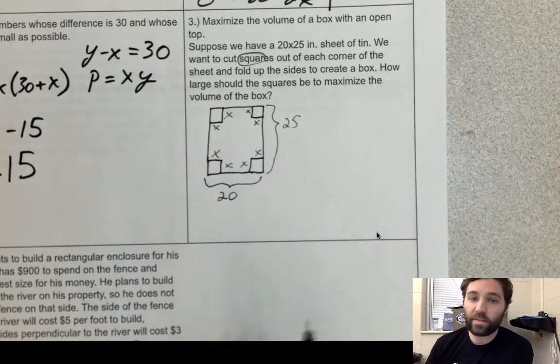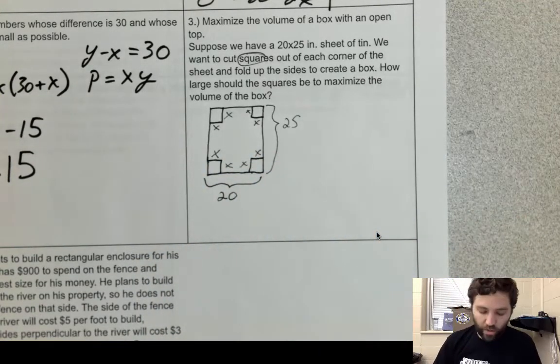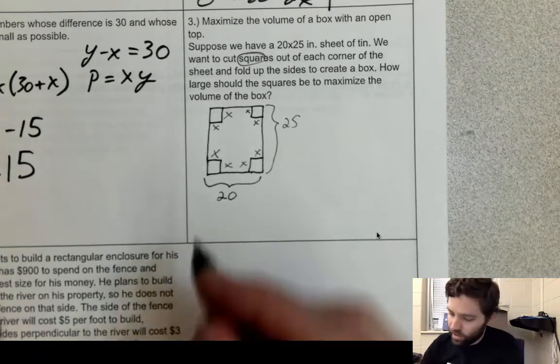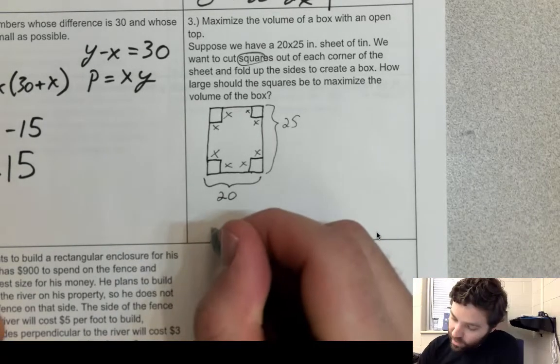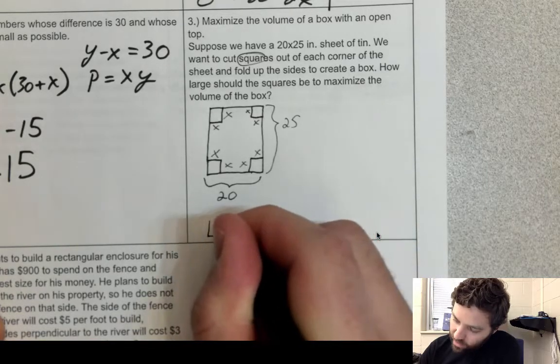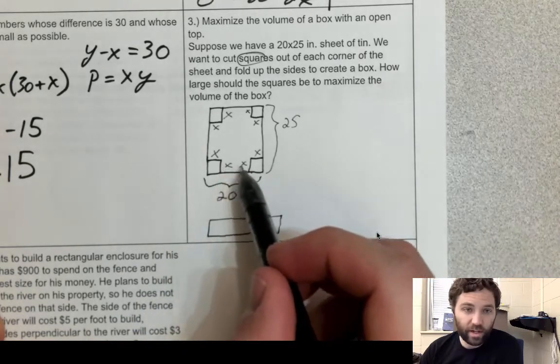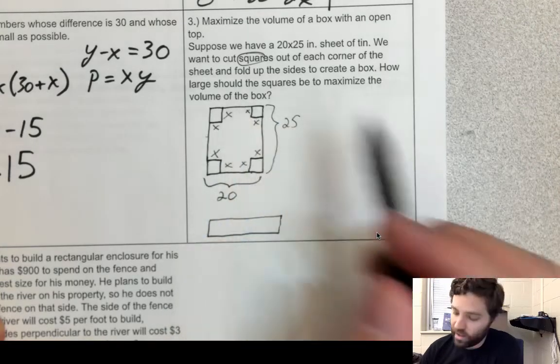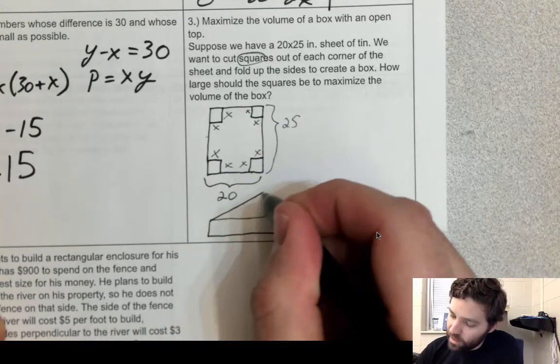Okay, so if that's the case, then I think we've got enough information at this point to get the model. But if you're still not completely convinced, we can draw this three-dimensional as well. So you get to see my fantastic 3D art skills here. So what we'd be doing is folding up this side, this side, this side, and that side, and we would get something that looks like this.